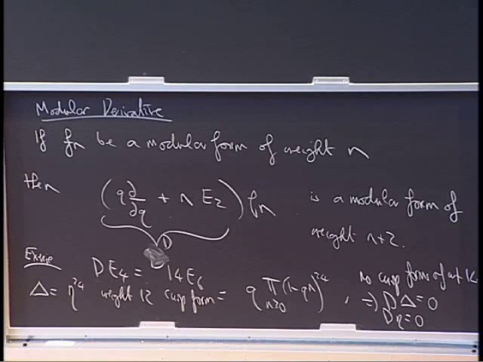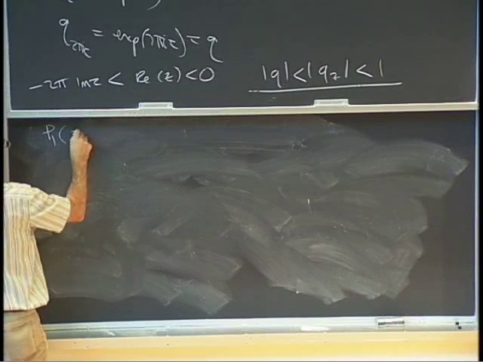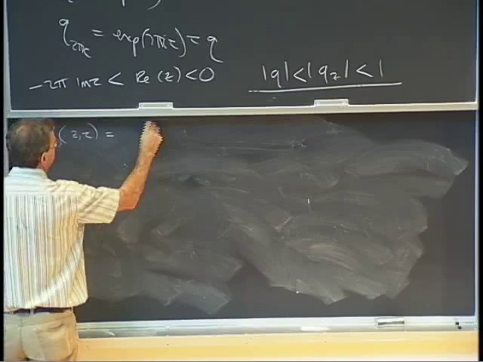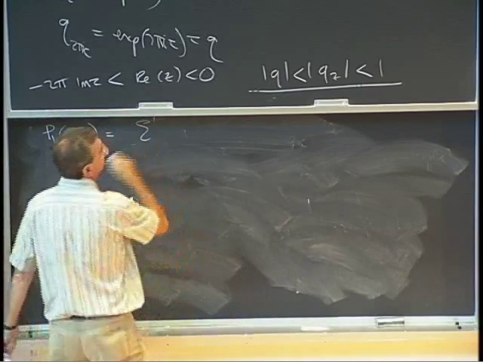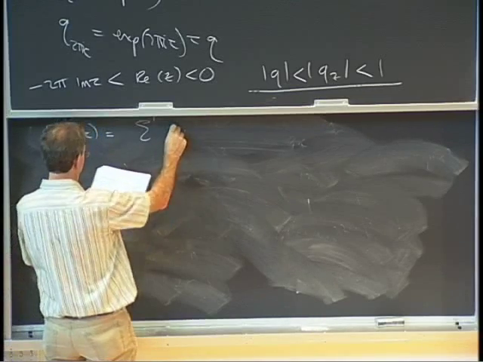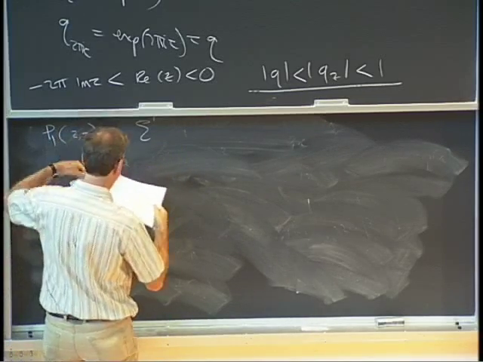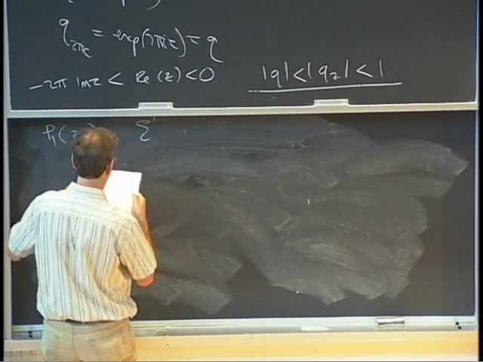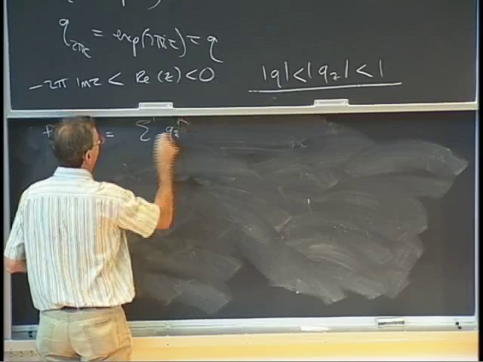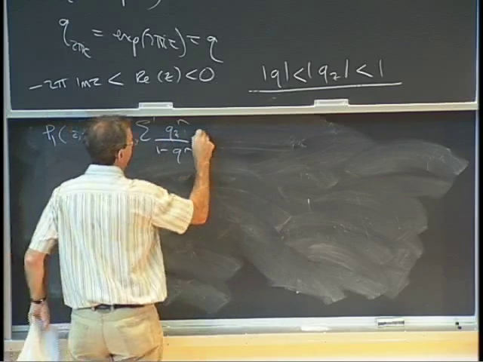I'm slightly later than I expected to be. Oh no, I have one more thing to say. Because of its expression in terms of Fourier coefficients, I also defined a function called P1. So let me come back to that. I defined P1 of z and tau to be a sum, a simple looking thing, with q z to the n, q to the n, and a factor of 1/2.